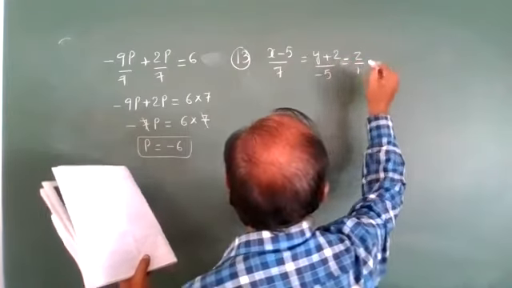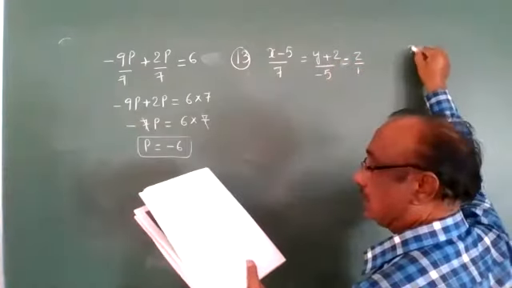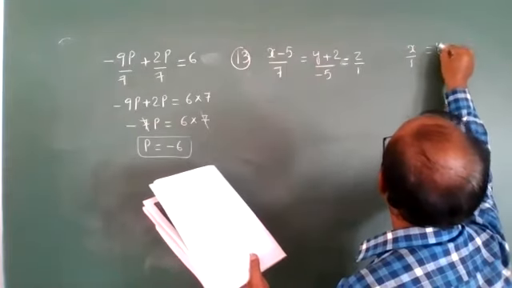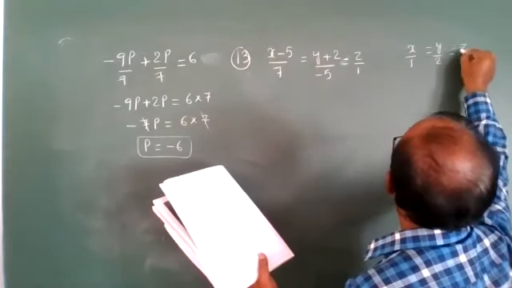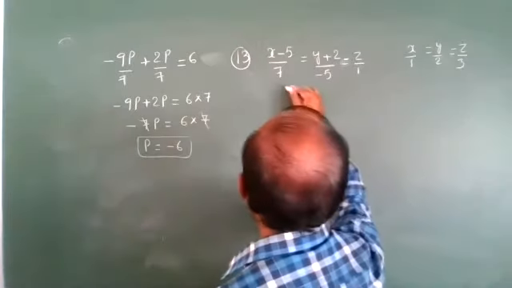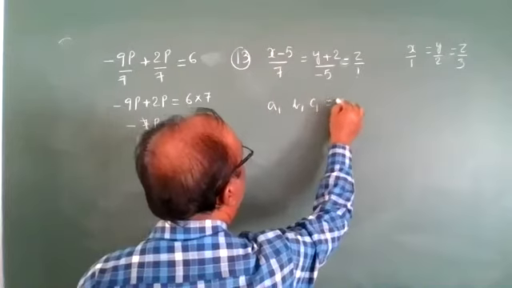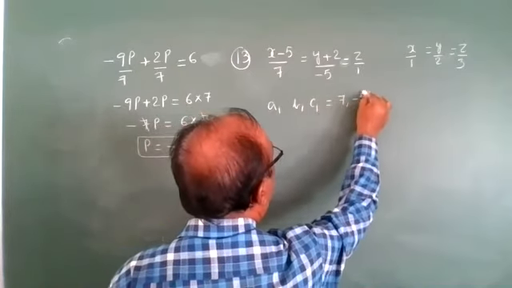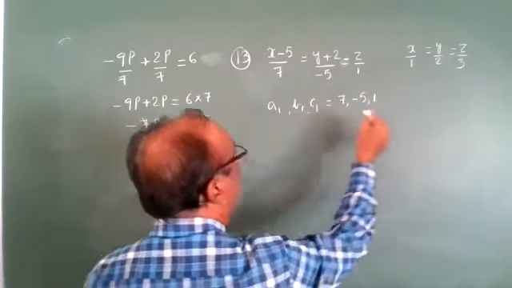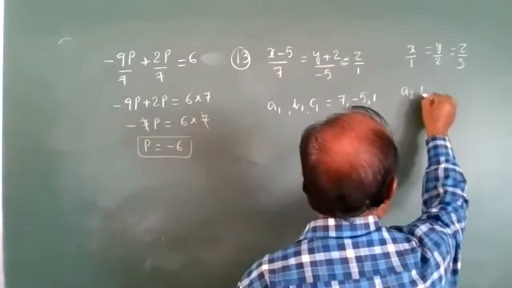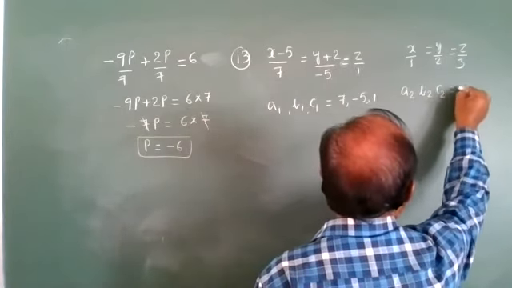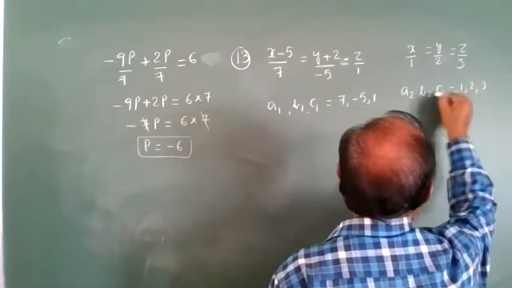The second line is x by 1, y by 2, z by 3. So a1, b1, c1 is equal to 7, minus 5, 1, and a2, b2, c2 is equal to 1, 2, 3.